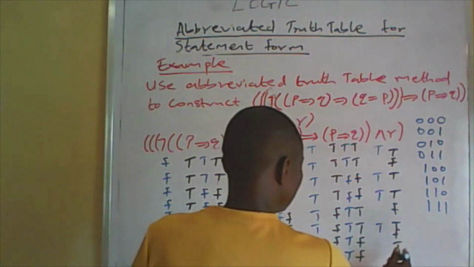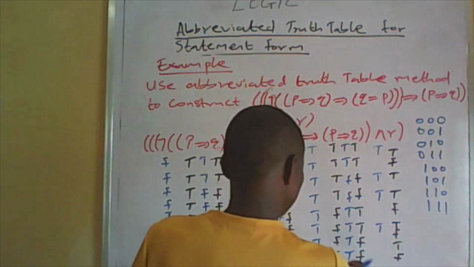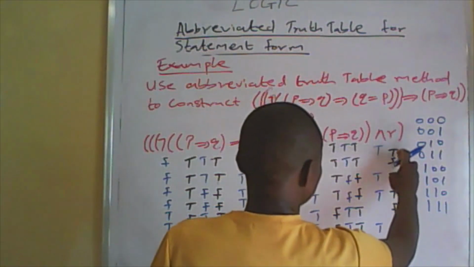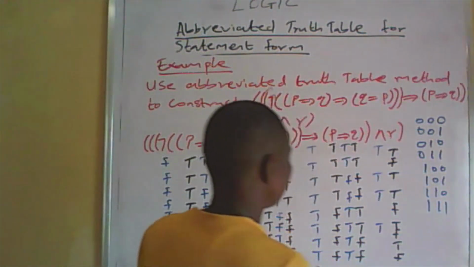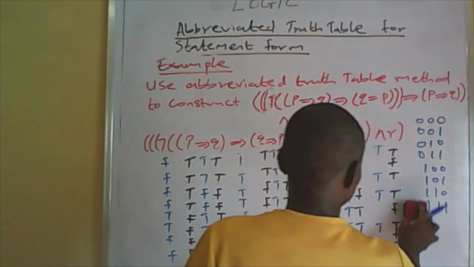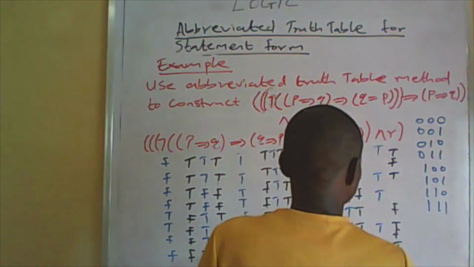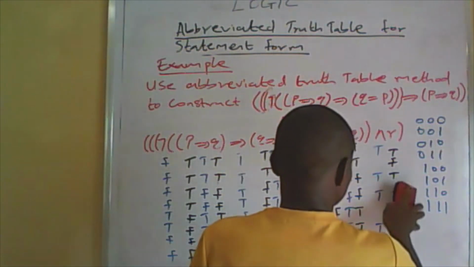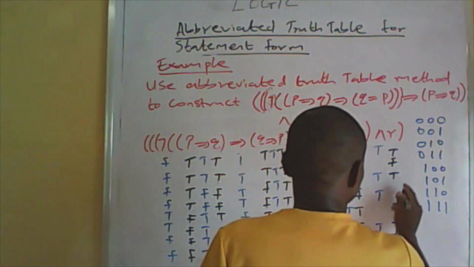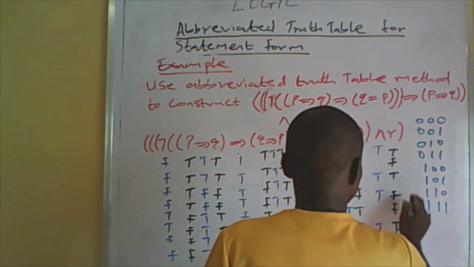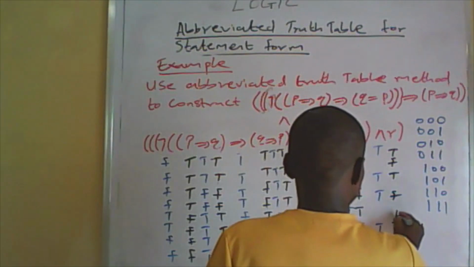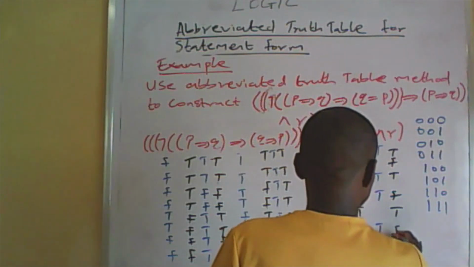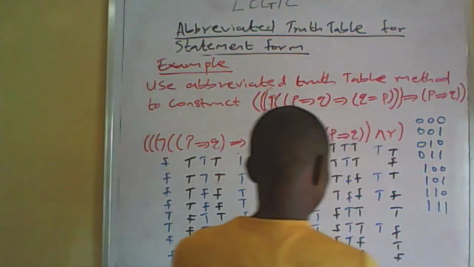Here is T, here is T, so it is T. Here is T, here is F. Here will be F. Here will be T. Here will be F. Here will be T. Here will be F. Very good.